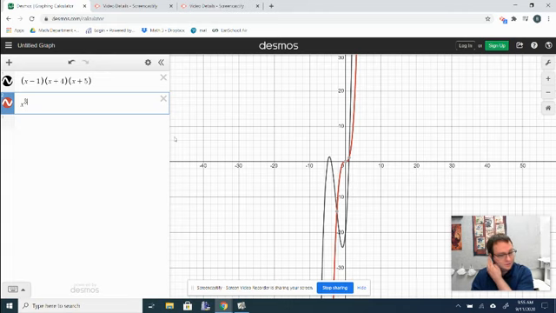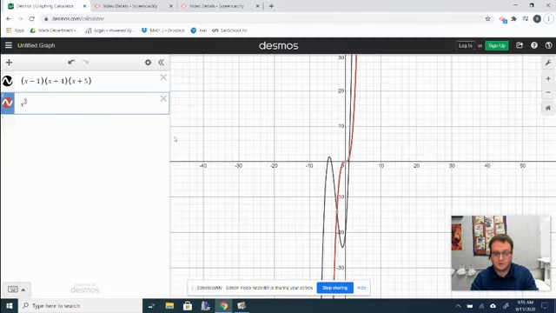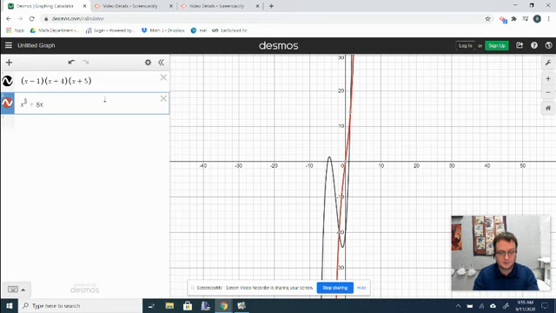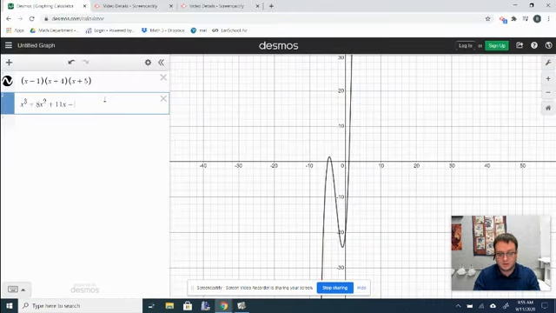Adding that extra stuff is going to make it wonky. Plus 8x squared plus 11x. Getting closer. Minus 20. Okay, have the same line. It's the same function. I'm good to go.